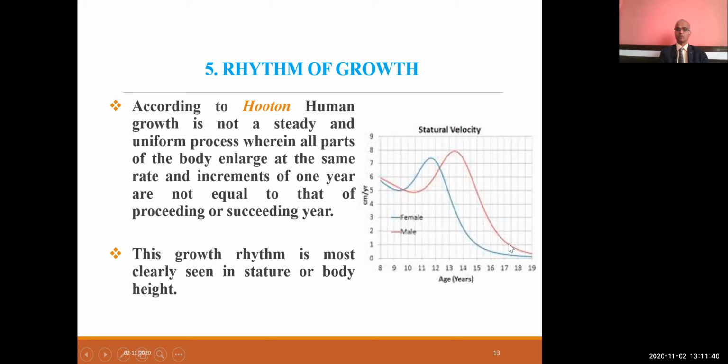And at 17 years, suppose it is 1 centimeter per year. So before and after, all three time periods, the growth velocity is not same. The increment before the growth spurt and after the growth spurt per year is not same. It varies.